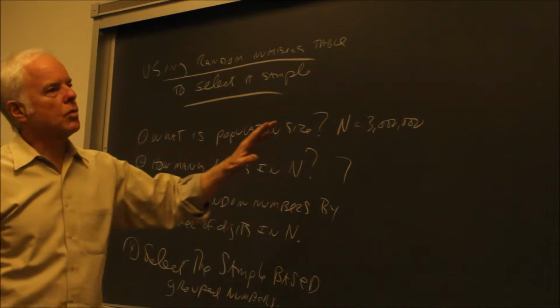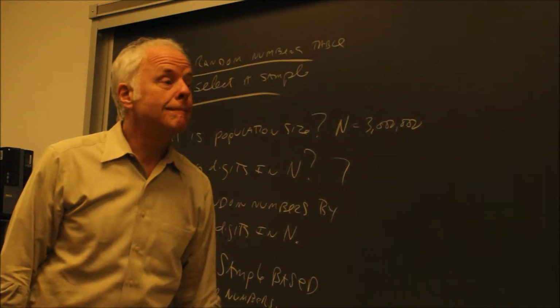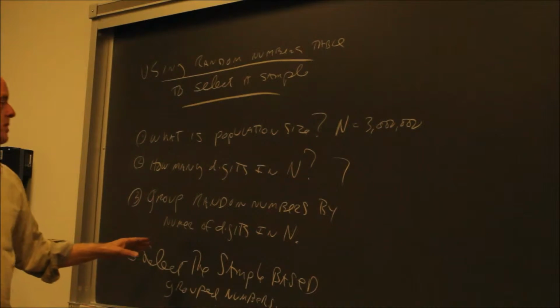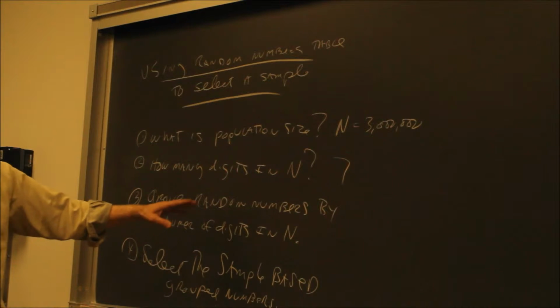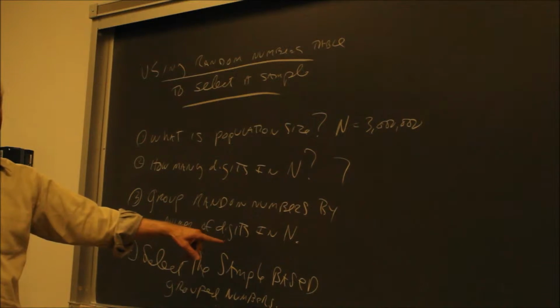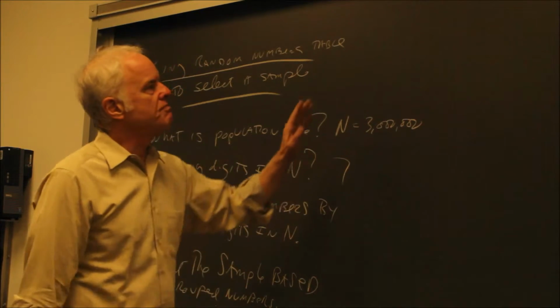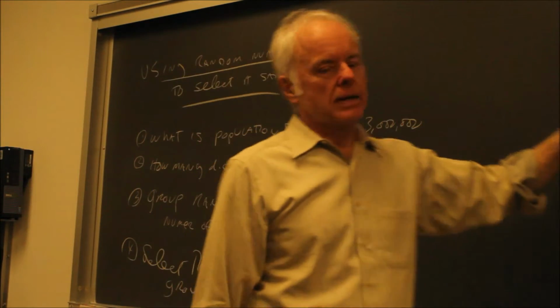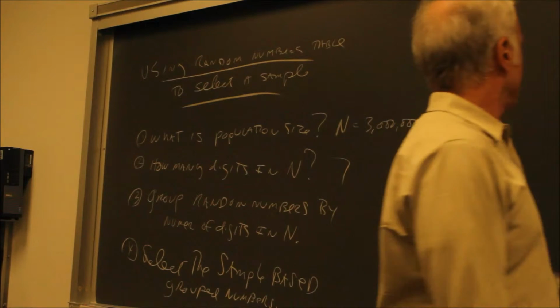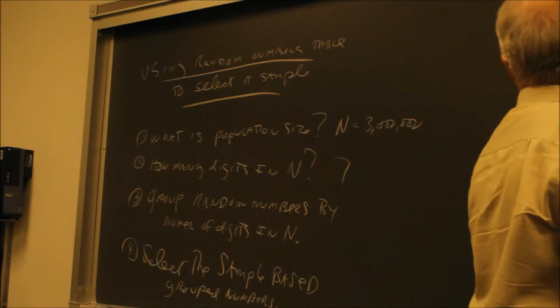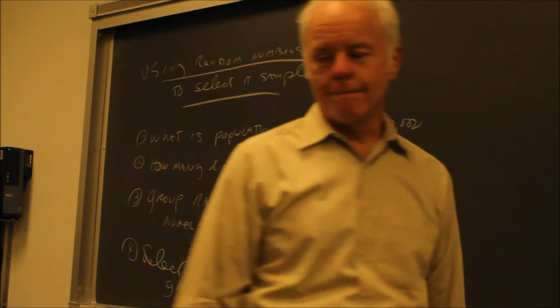Okay, so what does number 3 say? Yeah, I know, my penmanship's pretty bad. Group random numbers by number of digits in n. So that means what we're going to do is we're going to put up the random numbers. Well, I'll just write them small.